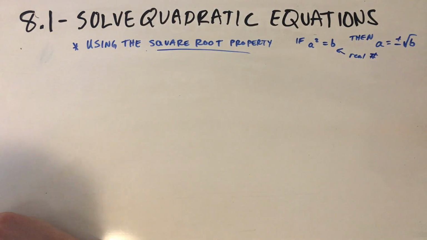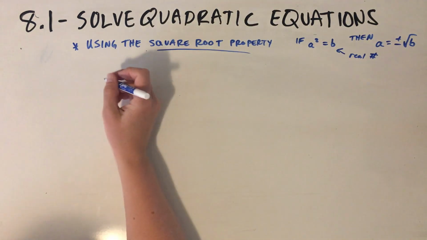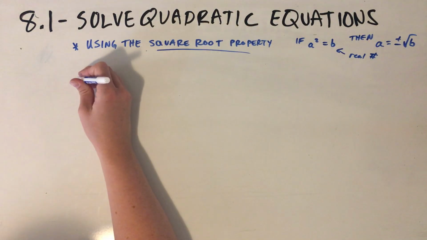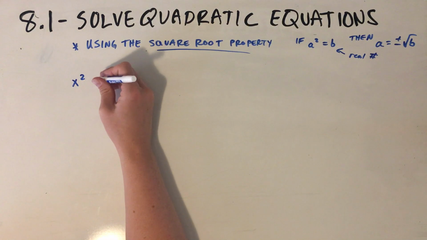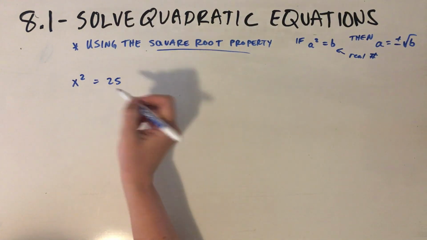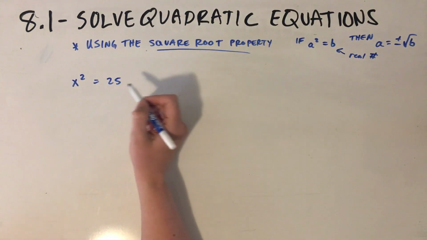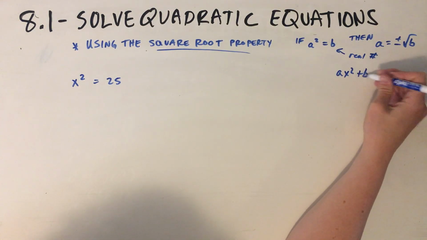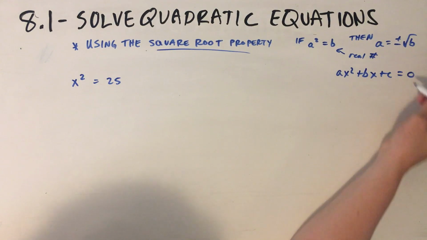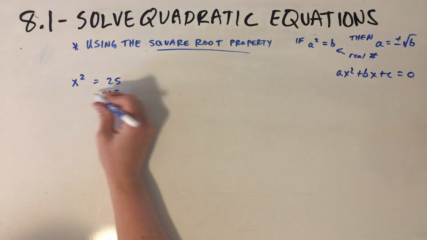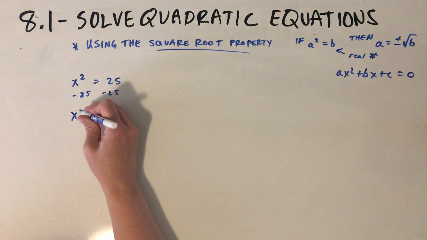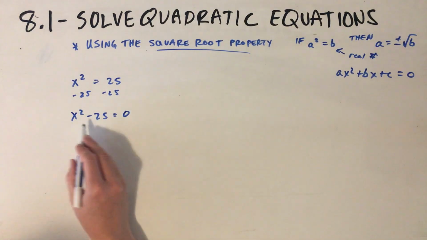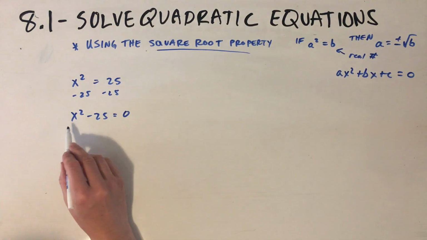Okay, so what that means is if I have an equation, say that x squared equals 25. Again, we've done this before, solving these quadratic equations by setting them equal to 0, having ax squared plus bx plus c and setting it equal to 0. That's great. So I can subtract the 25 from both sides and we'd get x squared minus 25 is equal to 0. And then I'd say, hey, this is a difference of squares.